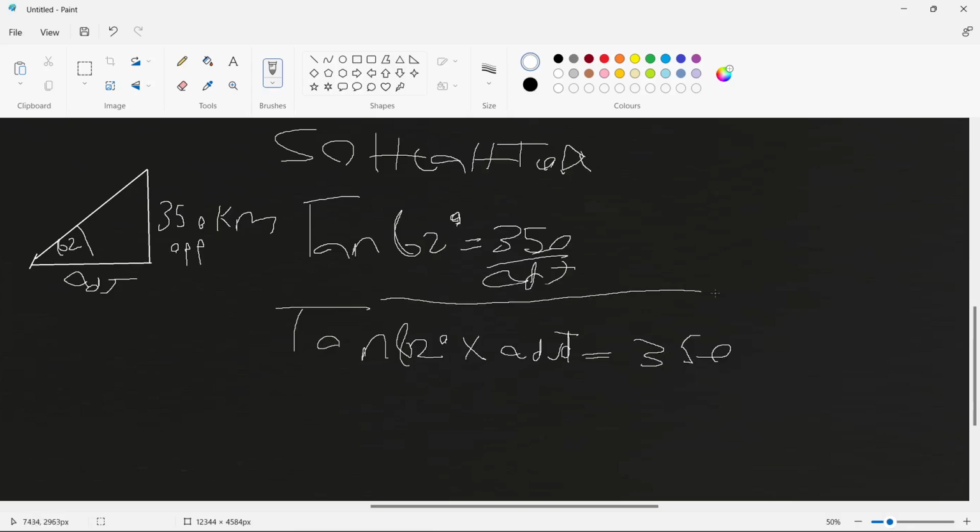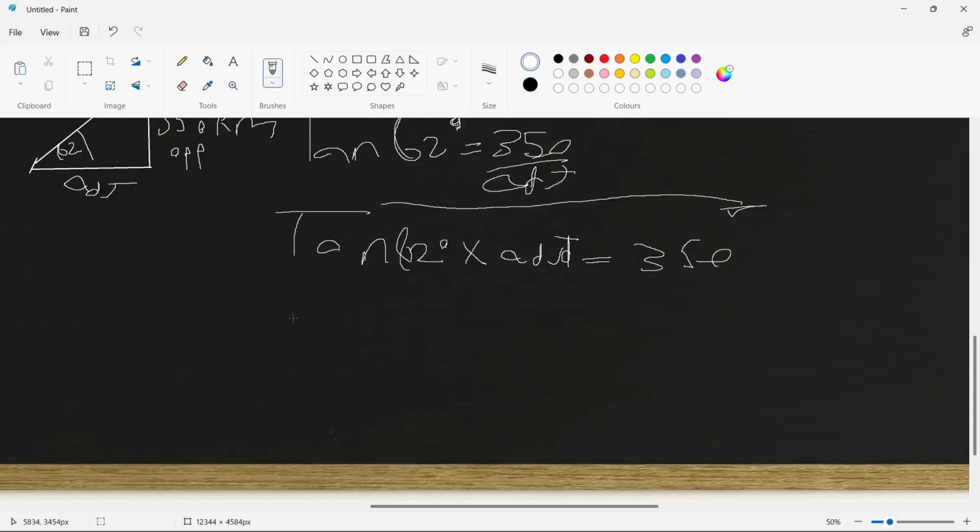Same thing from the other side, I'm going to move it over here, so edge equals 350 divided by tan 62.